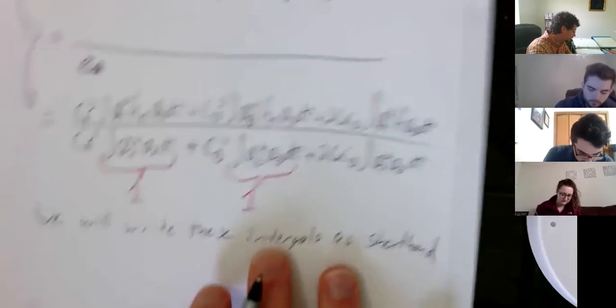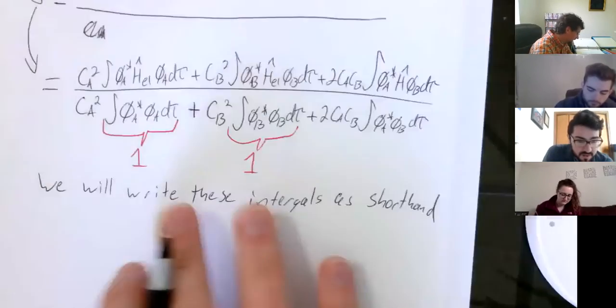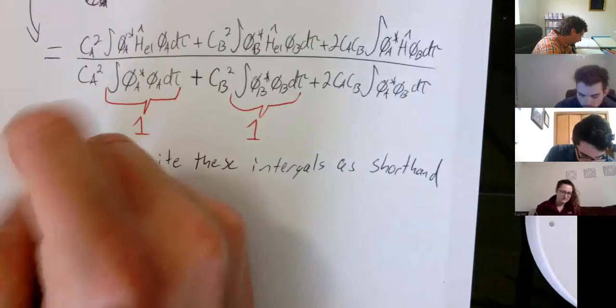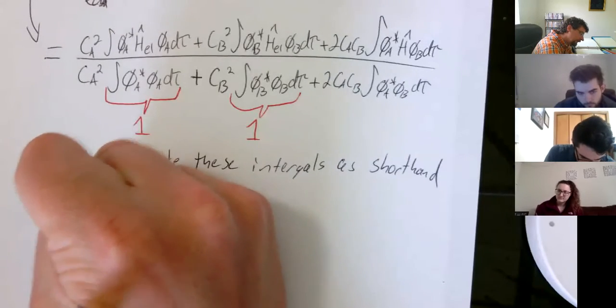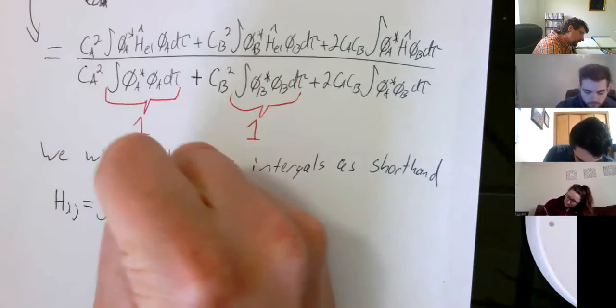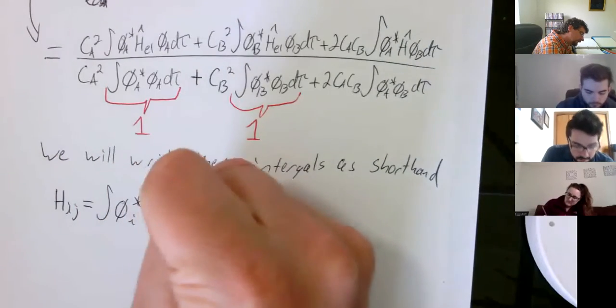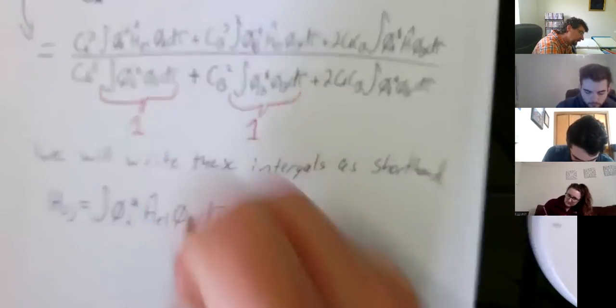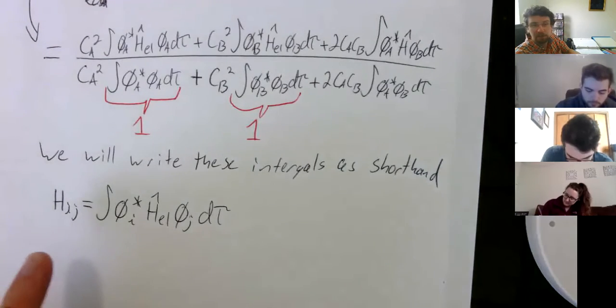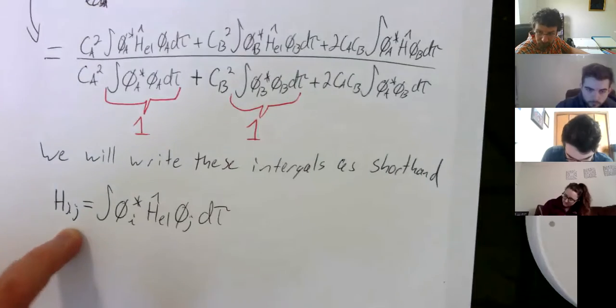Basically, Hij is equivalent to the integral of i star H j. So we're going to shorten an entire integral and just express it with Hij.